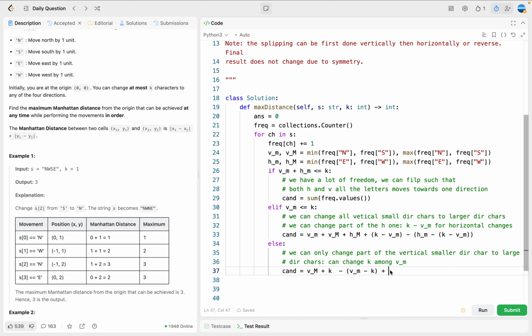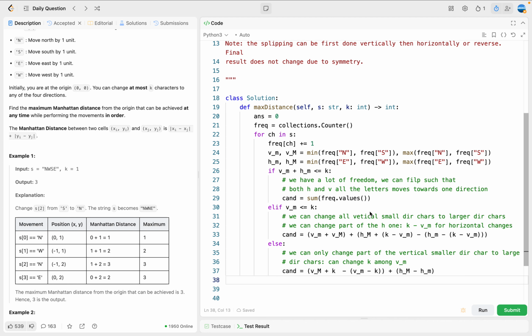In the horizontal direction, it would be h capital M minus h little m. So let me add some parentheses. So this is the horizontal contribution. This will be vertical contribution. So similarly here, this will be vertical, and this will be horizontal, right?